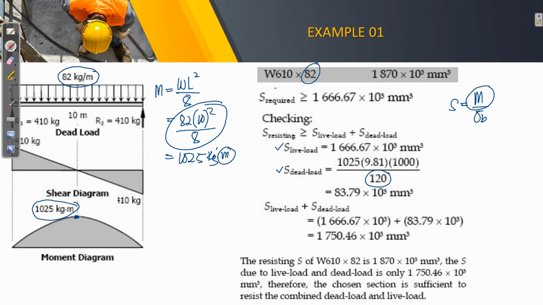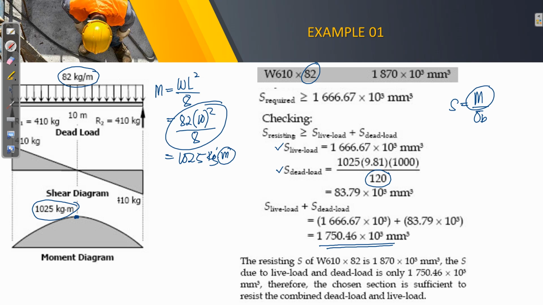So again, we can get the value 83.79, and then upon adding, you can see that the actual S, or the section modulus, is 1750.46 times 10 raised to 3.